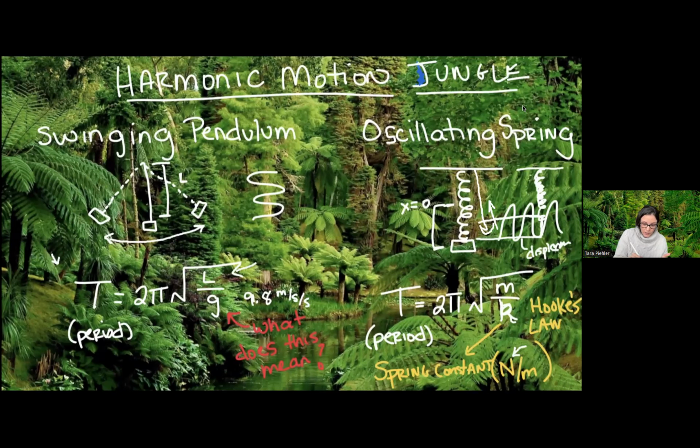Sometimes you can have a T sub P for pendulum or T sub S for spring. You can make that however you want if it helps you better. In the textbook it's like a squiggly T, not a straight across one, like a Greek letter T.